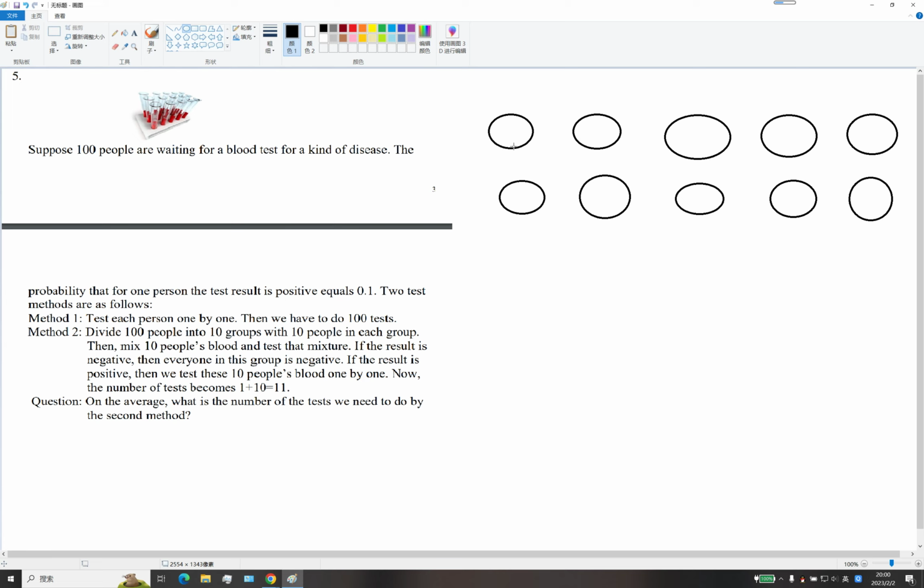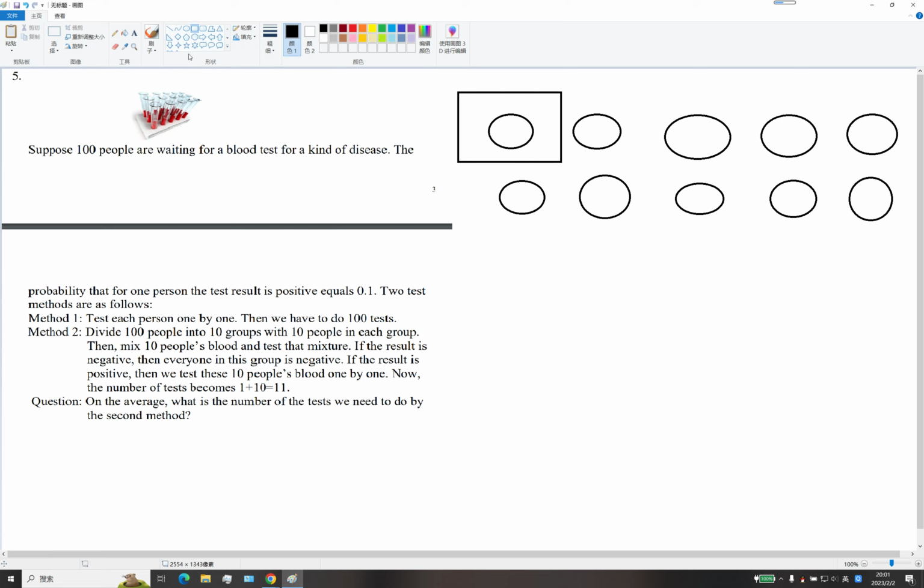So in one group, every person has the probability of being positive equal to 0.1. So we can look at only one group first. We can see group 1 and we can get the probability. The first situation is that the 10 people in this group are all negative.